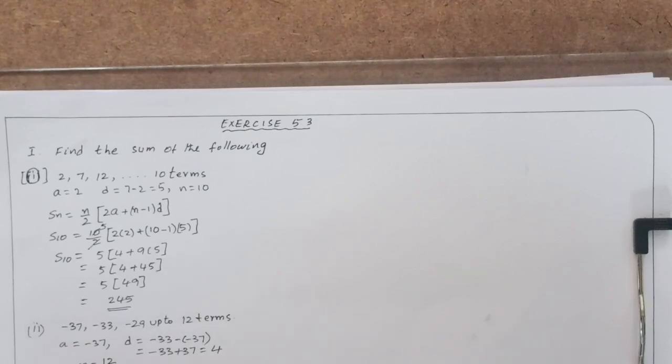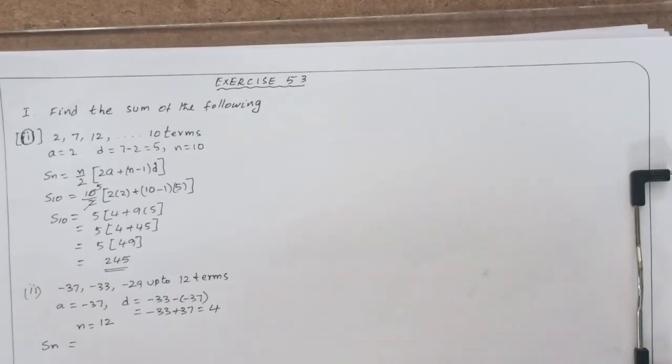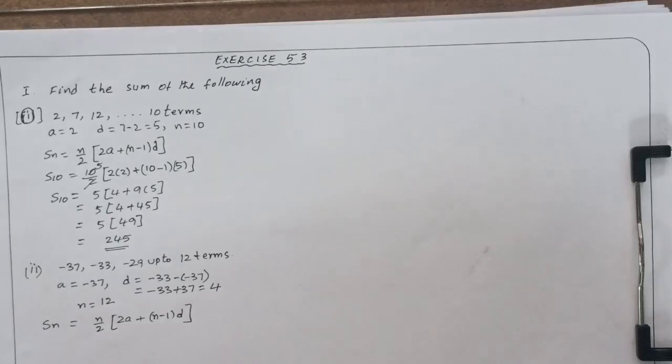Now Sn equals n by 2 into 2a plus n minus 1 into d. So n means 12, 12 by 2 into 2 into a, here minus 37, plus n means 12, 12 minus 1 into d, which is 4.